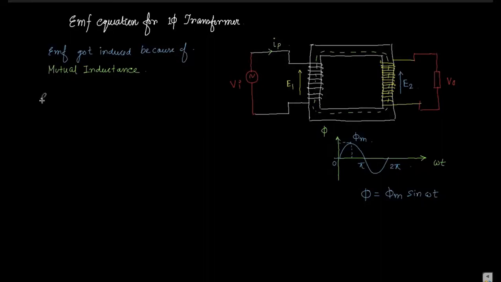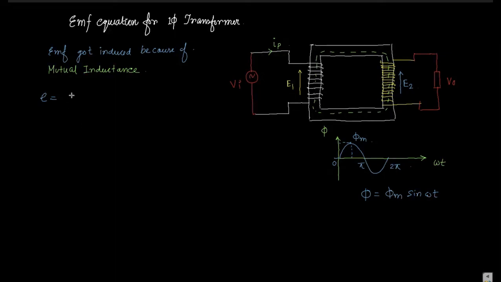is the induced EMF? If induced EMF is E, how do you get the induced EMF in a coil? By changing the flux. That is, if the flux produced across the coil is alternating in nature, then there is some EMF induced across the coil, and if the coil makes a closed loop, then we get some current over there.